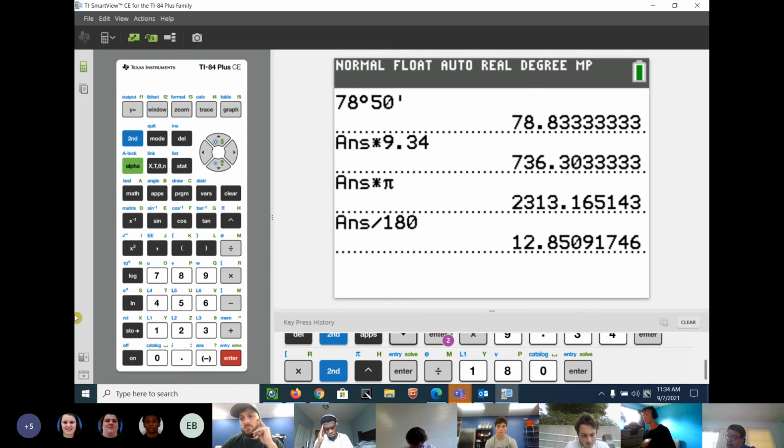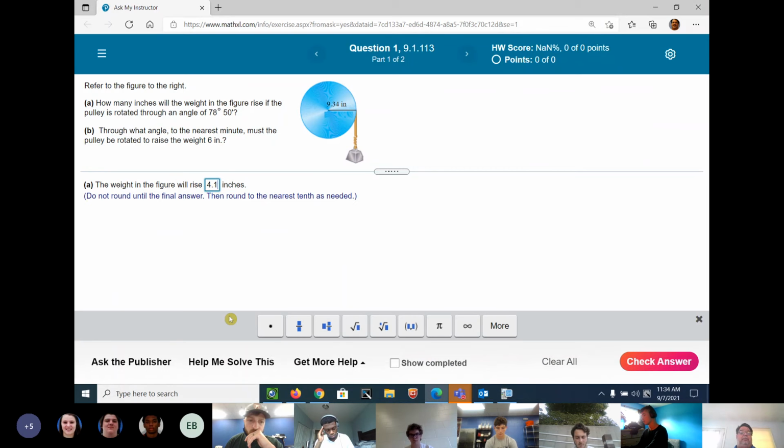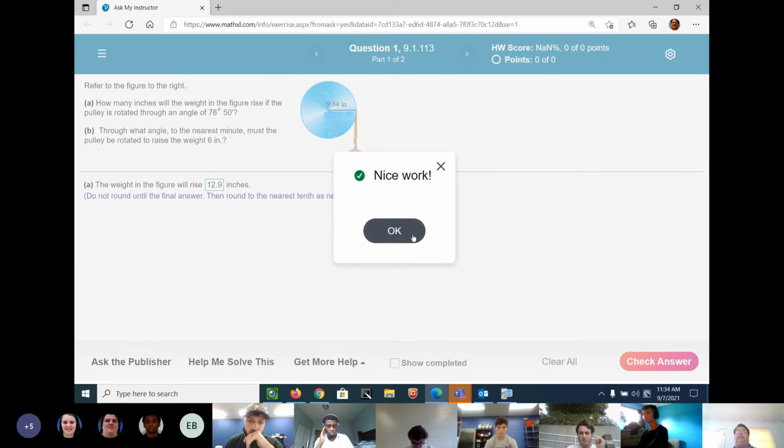It has moved 12.85 inches. It says round to the nearest tenth, 12.9. And you should feel good about yourself. There you go.